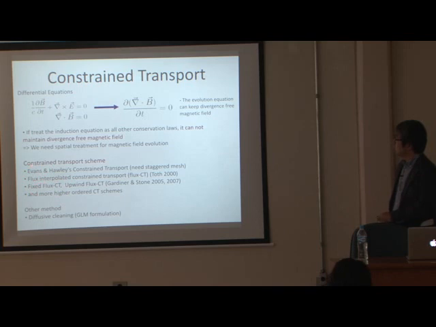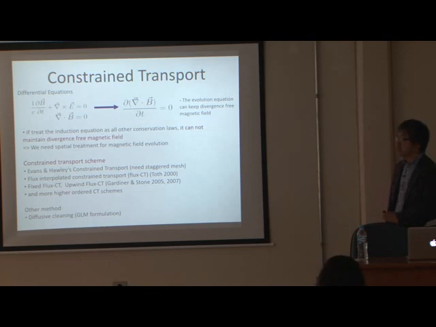The first is the constraint transport scheme. Constraint transport means we collect fluxes for the magnetic field to obtain a divergence-free magnetic field structure. It was first proposed by Evans and Hawley, using a staggered mesh. After that, Tóth proposed the flux-interpolated constraint transport scheme.